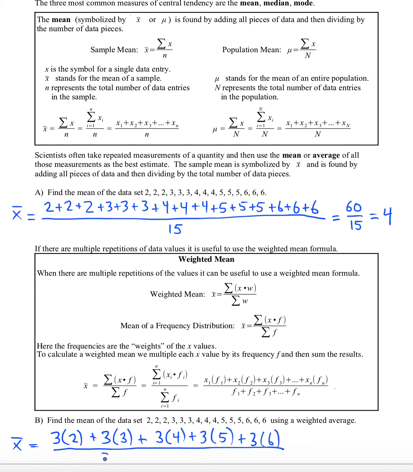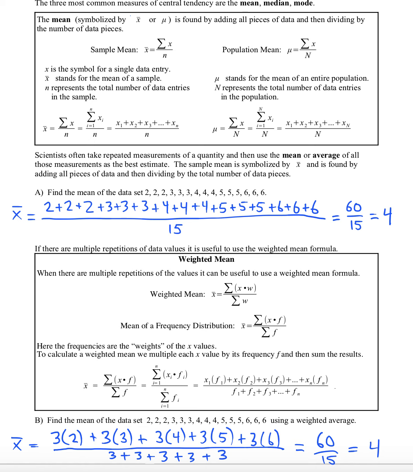So we can do 3 plus 3 plus 3 plus 3 plus 3. That would be using the weighted mean formula, and we get the same result. 60 over 15, which is 4.